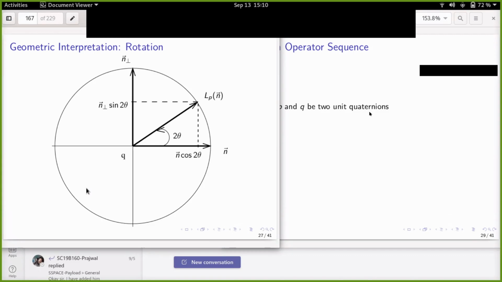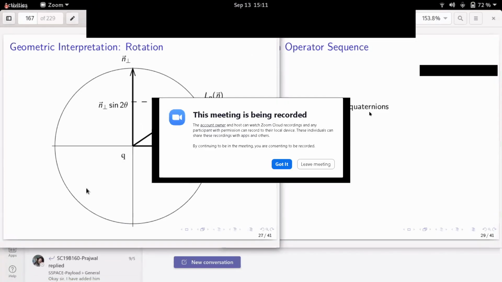That is, the N vector was rotated by an angle 2 theta and it became L_P of N. So the cos theta plus 2 U sine theta, where this plane represents the one which is perpendicular to the U axis. So any vector orthogonal to this U axis will be rotated by an angle 2 times theta when you multiply it with P Q P star.